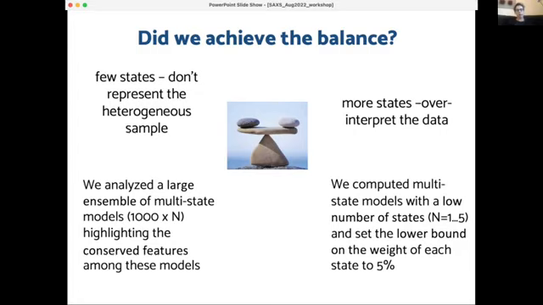Okay. So we analyze and we can always see that, for example, if we have two states, then one can be always open and the other one closed. They can be different and they do represent the variety of what's going on in solution. So let's say we get 1,000 two-state models and they represent the heterogeneity of the sample.